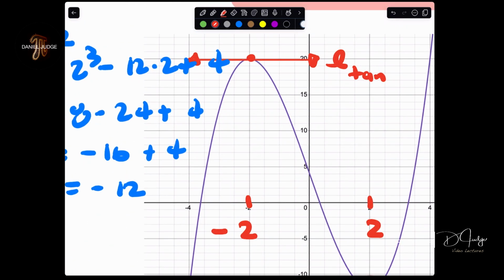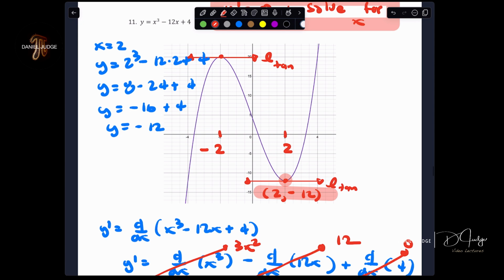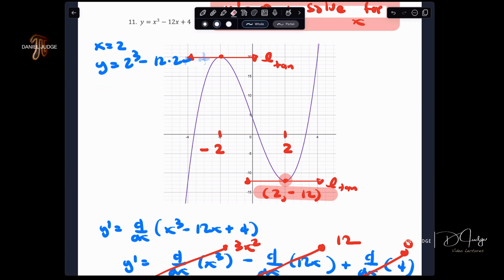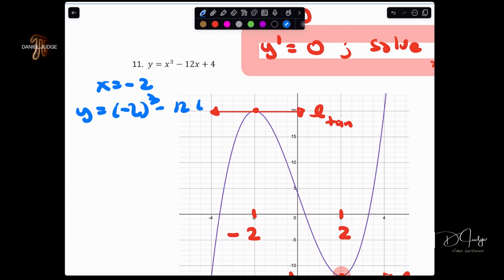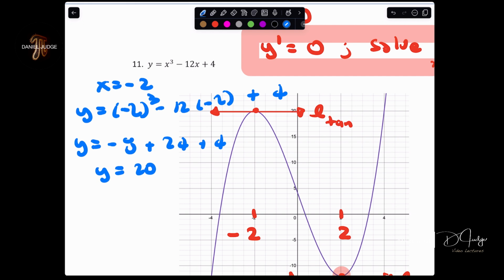Now, when x is negative 2, y is 20. Negative 2 cubed minus 12 times negative 2 plus 4. y is negative 8 plus 24 plus 4, or we say y is 20.